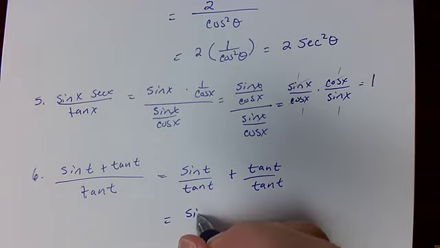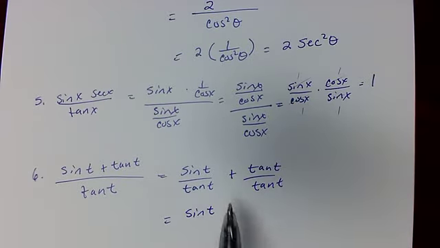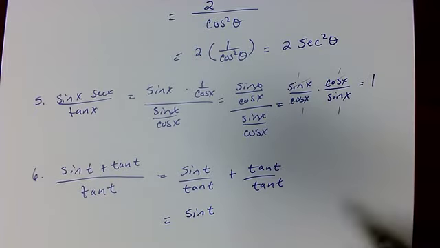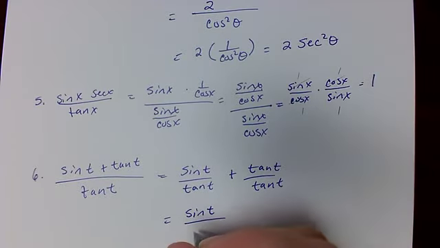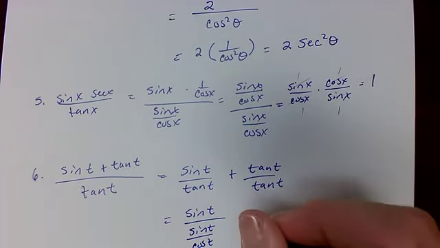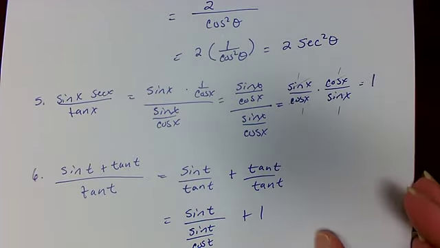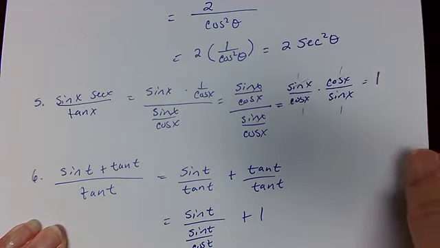So now I've got sine t, and I'm going to change my tangent into 1 over, or tangent t is going to be sine t over cosine t, and this will become plus 1. So again, we don't divide by fractions, we multiply by reciprocals.